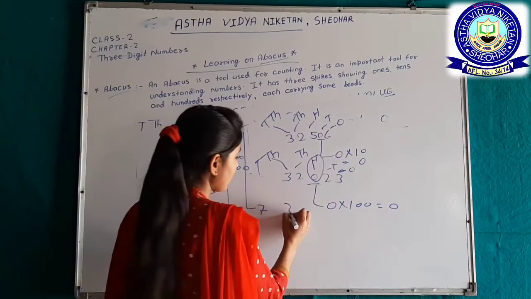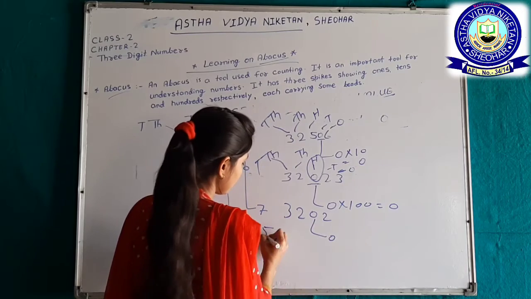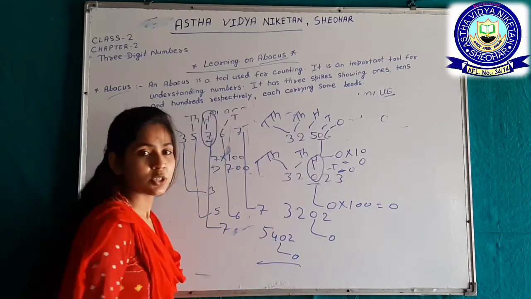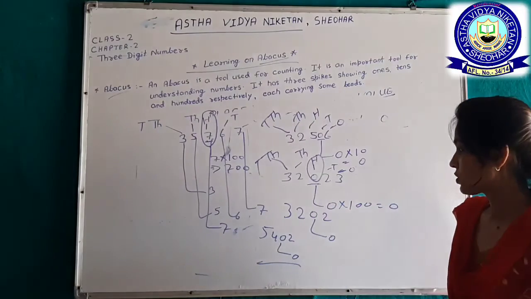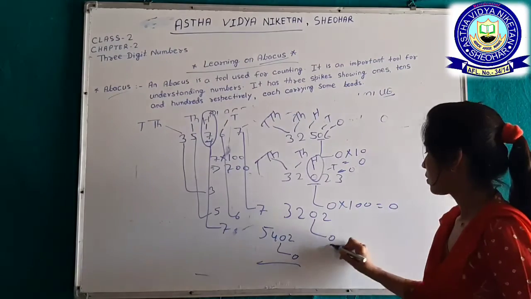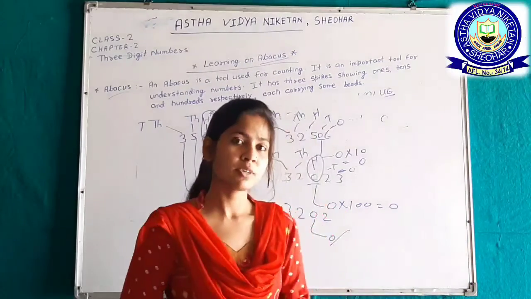The face value of 0 is 0. So the face value and place value of 0 is always 0.